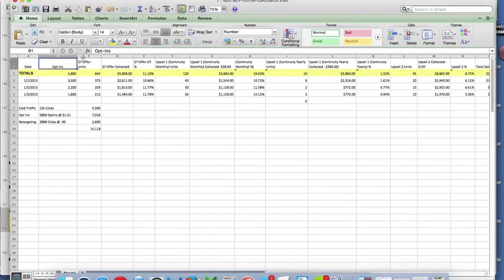We've got the opt-ins, the number of $7 offers, the units, the total sales collected from the $7 offer, and the conversion rate. After that, we immediately make them an offer for a monthly membership for Digital Marketer Lab. We've reported on units, collected sales, and conversion rates there too.